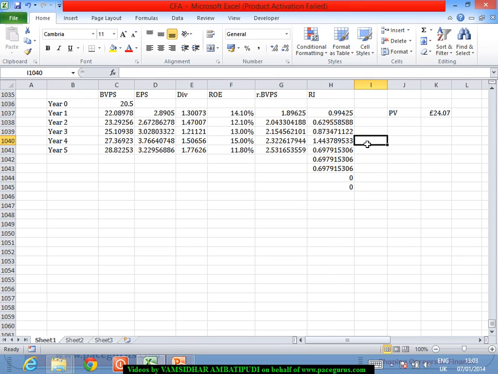So I would have simply taken the RI as nothing but the RI of the next period divided by the R, which is 9.25%. So at the end of the 4th year, I am getting this as an additional value.